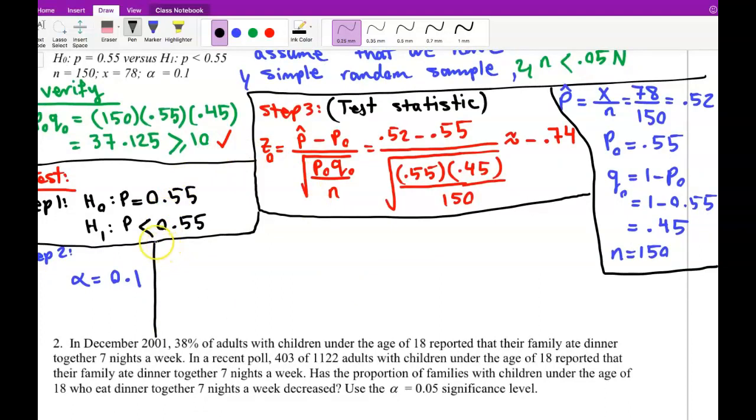Okay, here in step 4, we need to find the p-value. In this case we have a left tail.